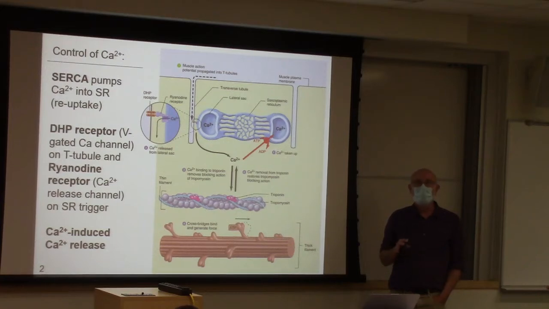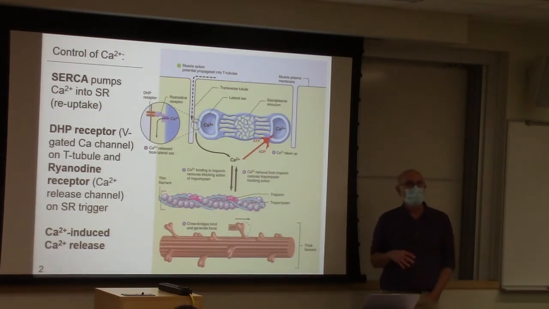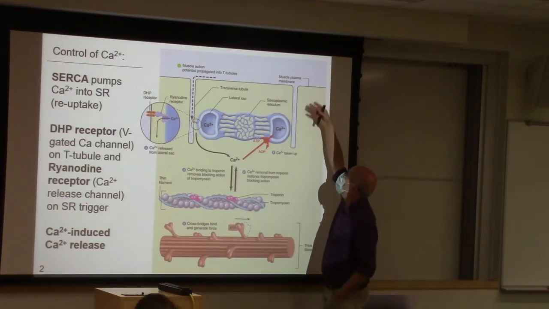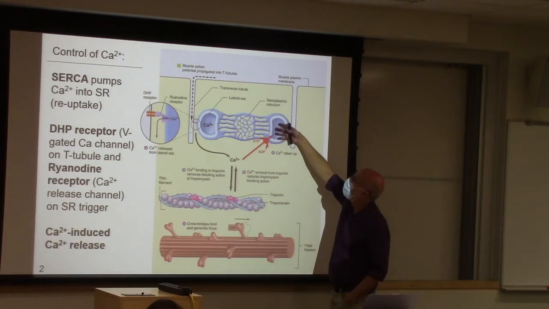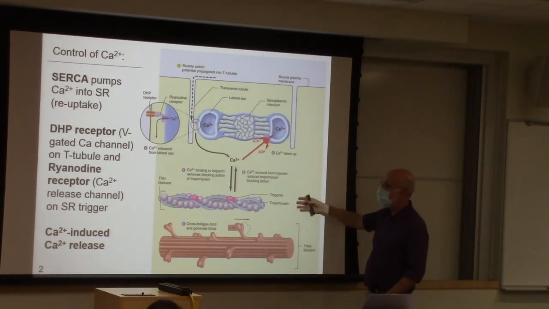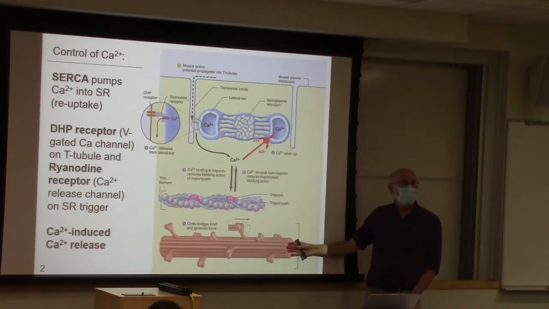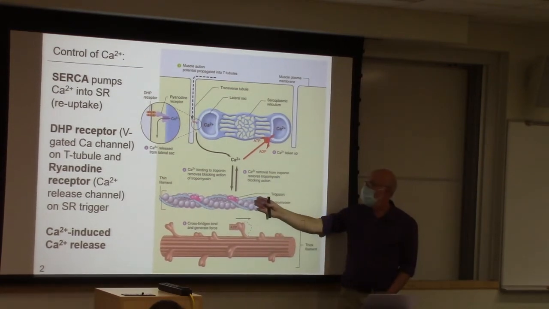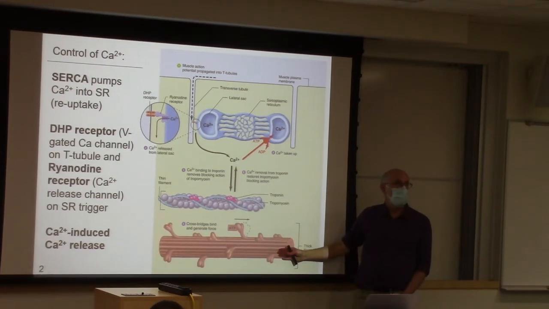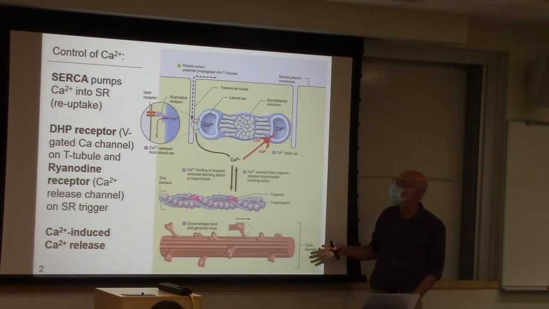Same with myo. And I don't know the difference between sarco and myo in Latin. So, okay. Surface membrane, T-tubule, sarcoplasmic reticulum, cytoplasm, and the thin and thick filaments that are responsible for contraction of the muscle. This is all part of the cell.